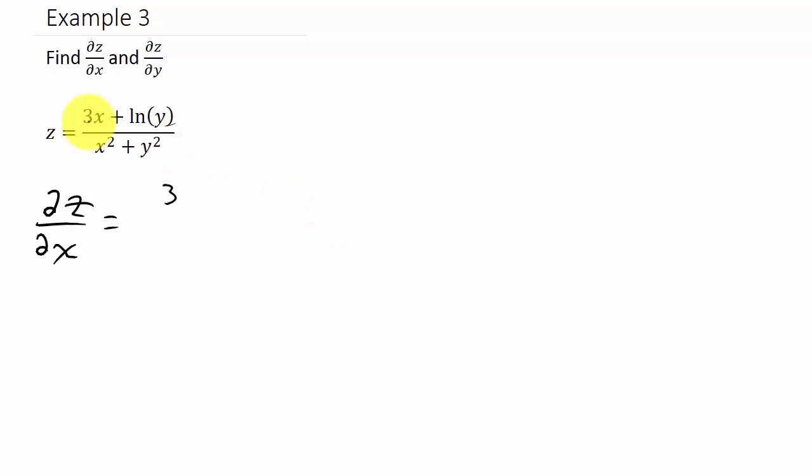So there's the derivative of the numerator times the denominator, x squared plus y squared, minus the derivative of the denominator. What's the derivative of the denominator? The derivative of x squared is 2x plus, and then what's the derivative of y squared? 0.